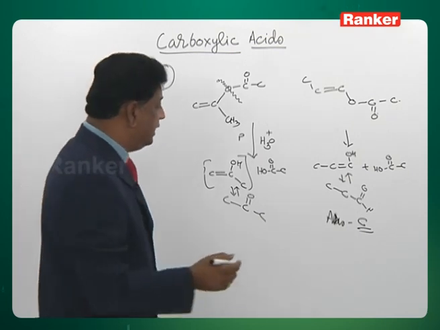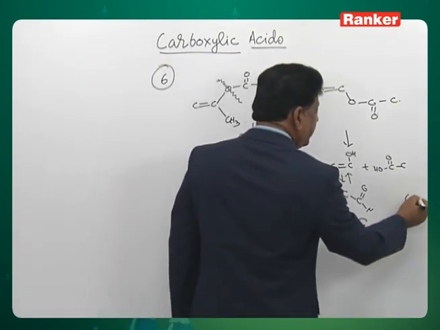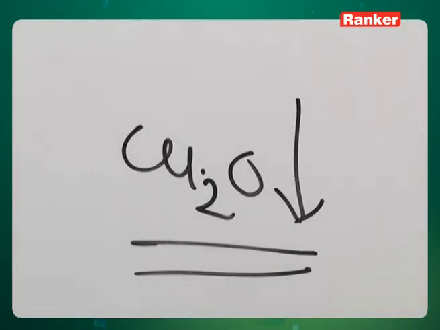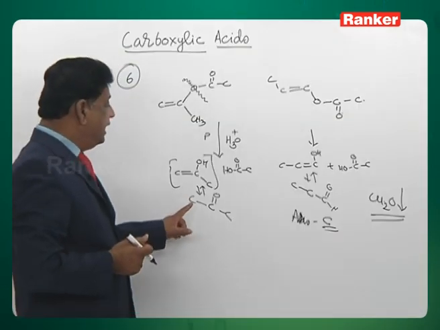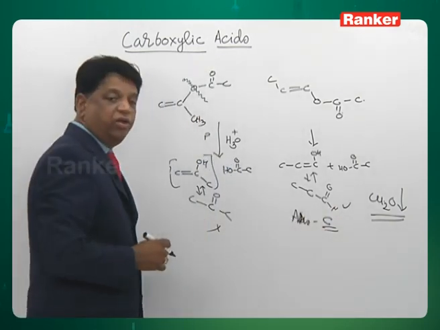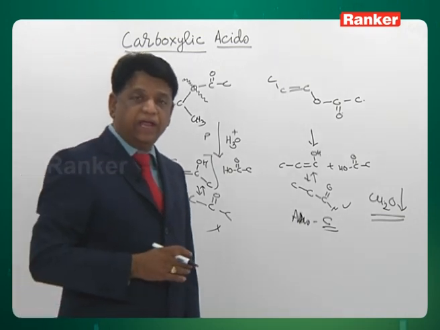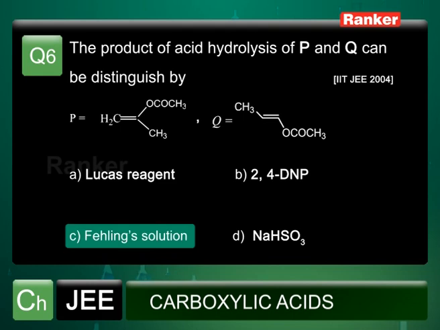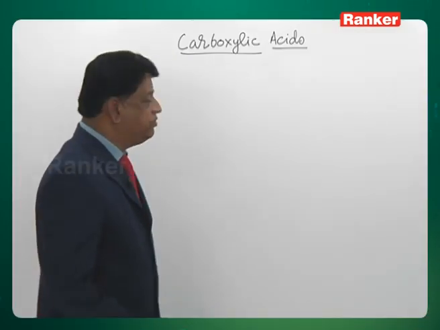Cu2O is precipitated as a red color precipitate, and thereby we can find this color and say which is the aldehyde. Only aldehydes will give this reaction, ketones will not give this reaction. So therefore one can easily identify or differentiate the aldehyde and the ketone using option C, that is Fehling's reagent. So let's go for question number 7.